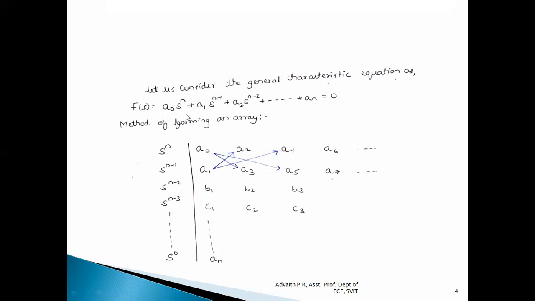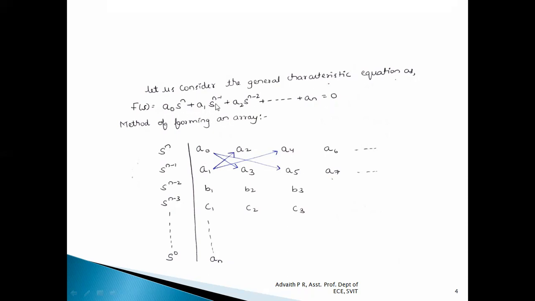The first step is to identify the highest power of s. Here in our characteristic equation, the highest power of s is s to the power of n. So we write s to the power of n, s to the power of n minus 1, s to the power of n minus 2, s to the power of n minus 3, up till s to the power of 0. We have to fill in all these elements now. The first two rows of the Routh array will be taken from the characteristic equation.